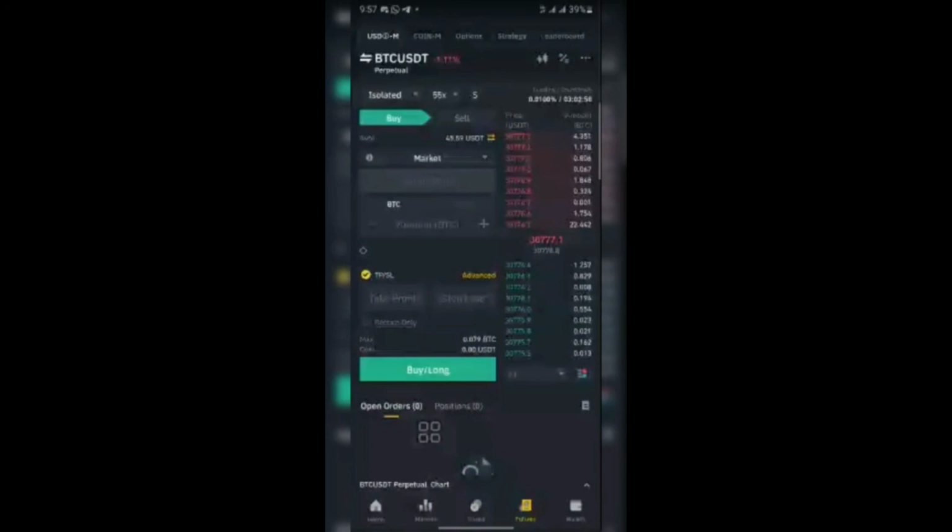You are going to use single or multi-asset mode, right? I think it's under multi-asset mode, but I know it's hedge mode. Once it's on hedge mode, you can long and short at the same time. But if you have an open position, you cannot do it unless you close all the positions. So that's it.